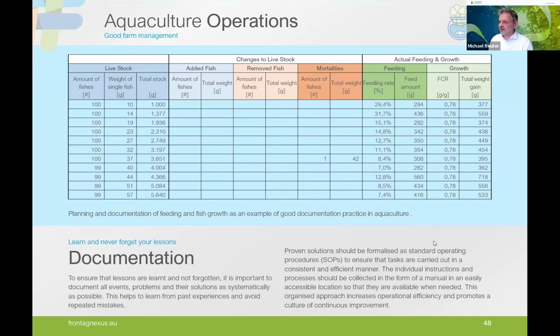But we should have similar sheets also for water quality parameters, for instance, or other things, so that we never forget lessons learned and can optimize and know at every given time what has been done to our system in the last couple of weeks, for example.